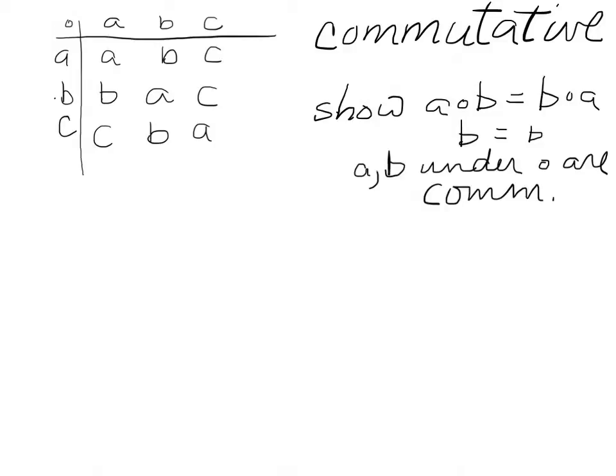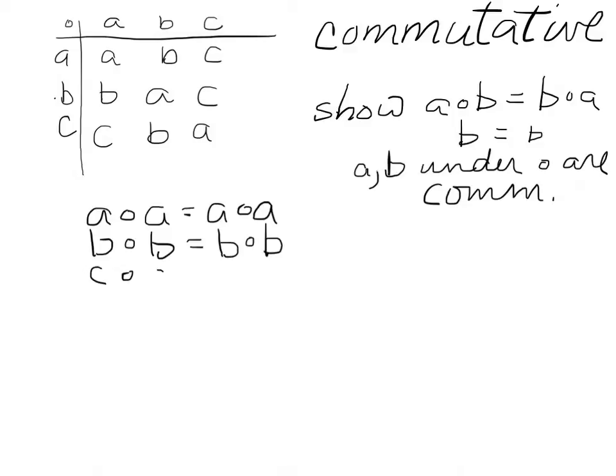How would I show that the whole set is commutative? Well, what I would have to do is check all combinations of every element. So let me give you an example of this. I'd have to check if A done with A is equal to A done with A. So right away I can see that these are all redundant.